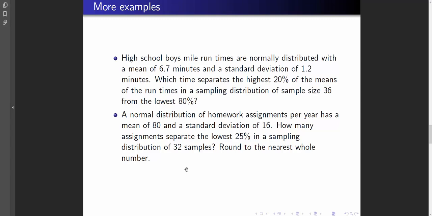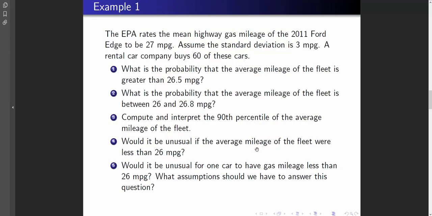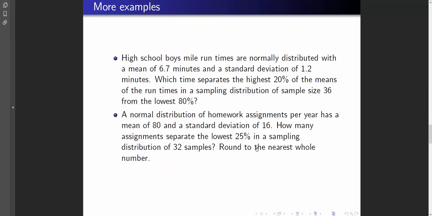Do we have a sample size that's big enough? Yes, 32 is bigger than 30. Remember your assumption for the central limit theorem, that the sample size is bigger than 30. So the distribution for homework assignments per year has a mean of 80 and standard deviation 16. How many assignments separate the lowest 25%?